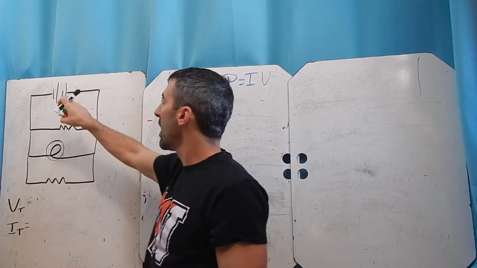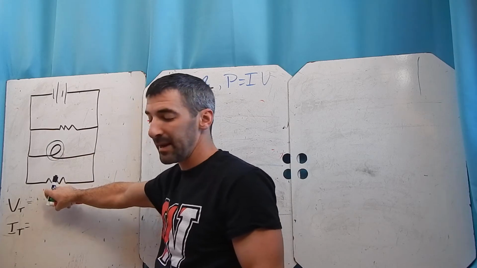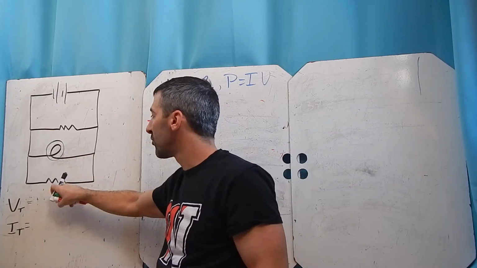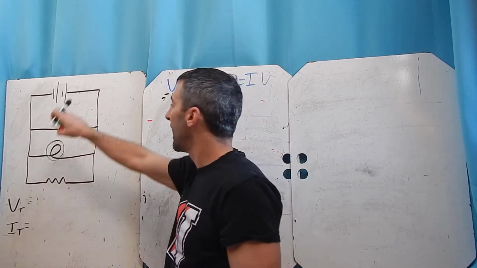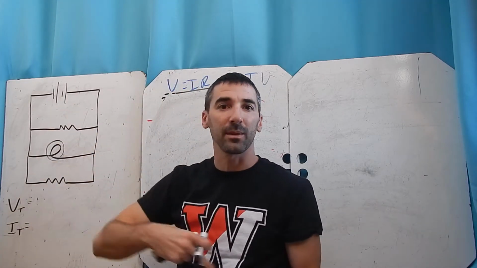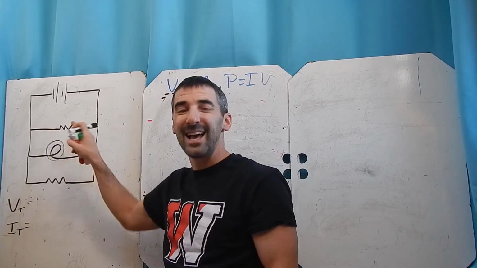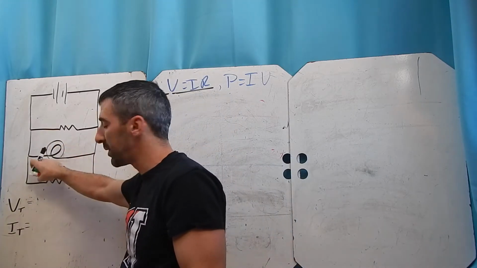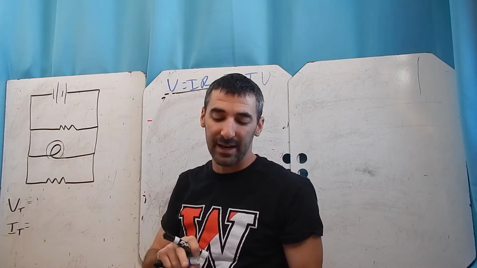So we have an unknown power supply, but I know the power dissipated by resistor number 2 is 10.18 watts. I know the resistance of the light bulb, this is from the last example. I know the resistance of the light bulb is 7 ohms, and I know the current that is going through that light bulb is also 0.79 amps.